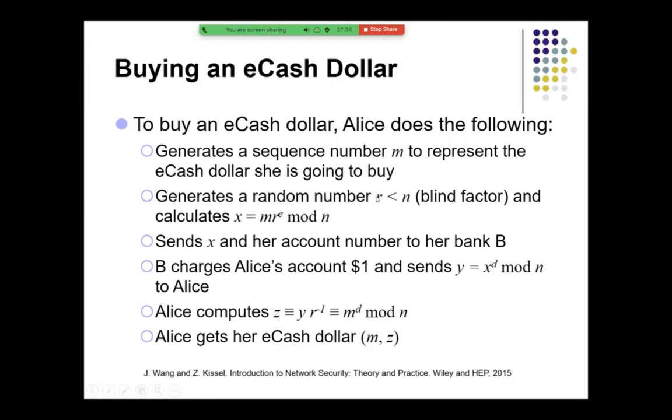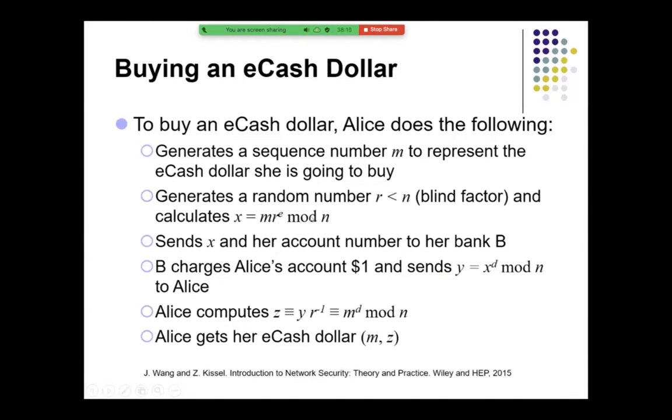Then she uses a blind factor R to blind M. This R is a random number. What she does is compute M times R to the E's power mod N. Let's call it X. So in effect, this sequence number M was included in this X. But of course, anybody who sees X won't be able to know what M is without knowing what R is.